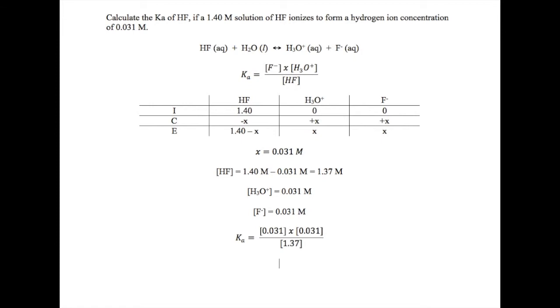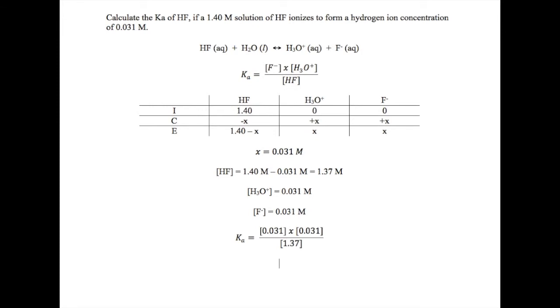Now that we know those three concentrations, we can substitute them into the Ka expression. The Ka equals 0.031 times 0.031 divided by 1.37. Notice here again, just like with the Kw, it all comes out to unitless numbers because the Ka is a unitless number.